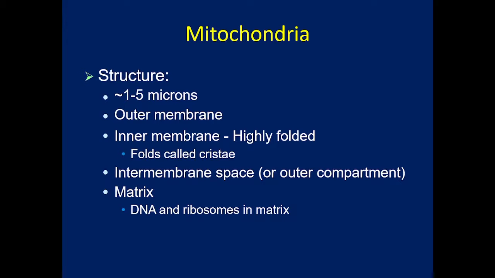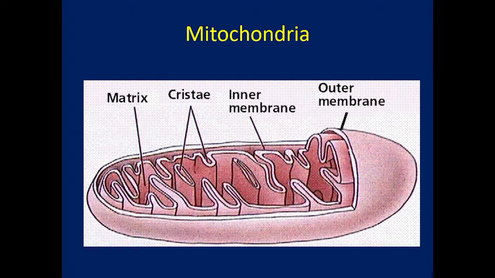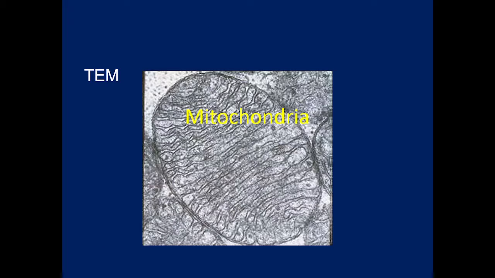So the structure could be approximately 1 to 5 microns. The outer membrane, inner membrane, intermembrane space, and matrix will be available, and this is the structure of mitochondria, observed under TEM, transmission electron microscope.